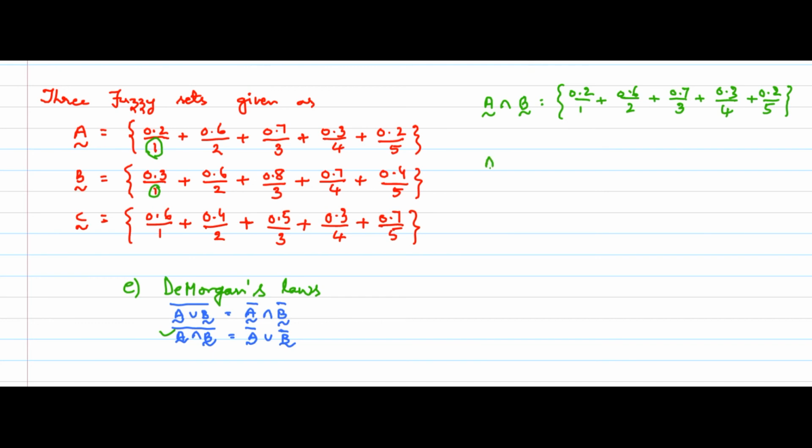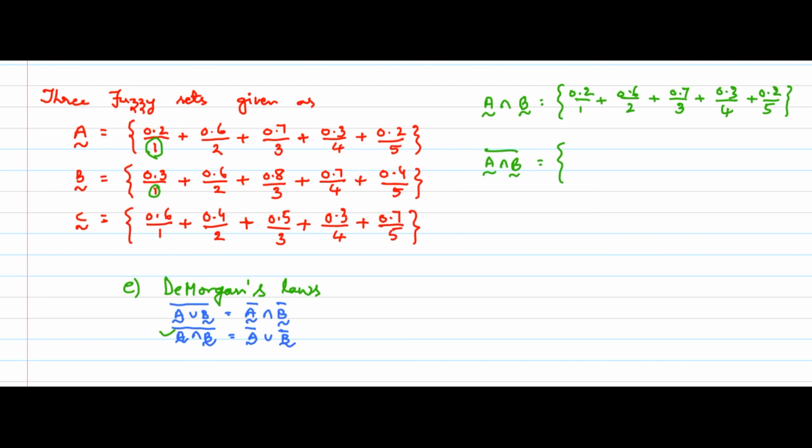And coming to (A intersection B) bar, the formula is 1 minus mu of A intersection B of x. This is A intersection B, and now we need to take 1 minus of these membership values.